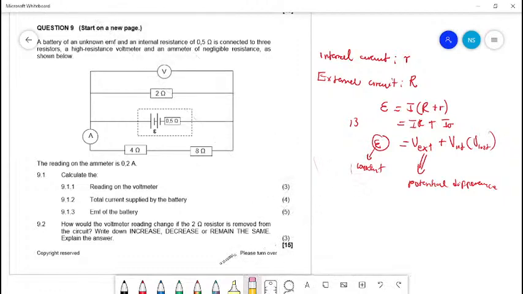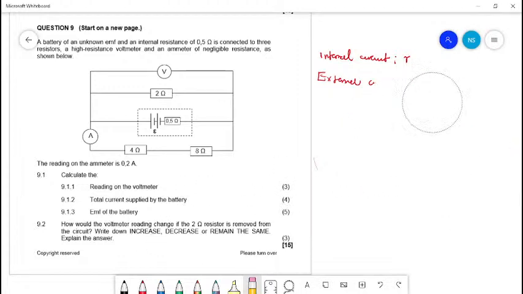how we're going to use the information that I just shared with you to answer this question, 9.1. In 9.1, you are asked to calculate the reading on the voltmeter. That's our voltmeter there. The voltmeter is connected in parallel to the battery.